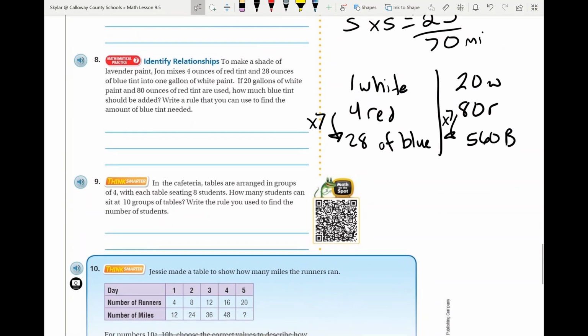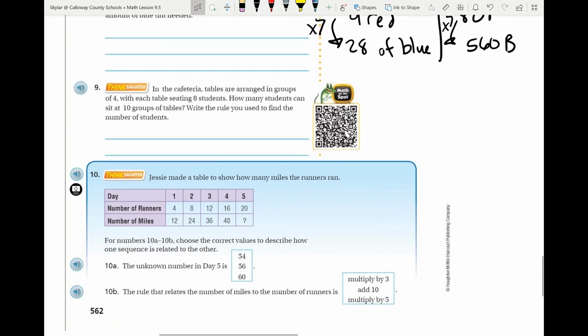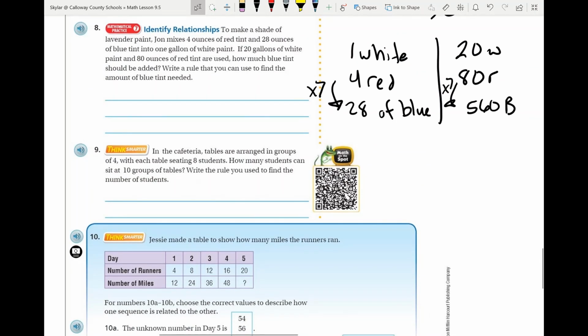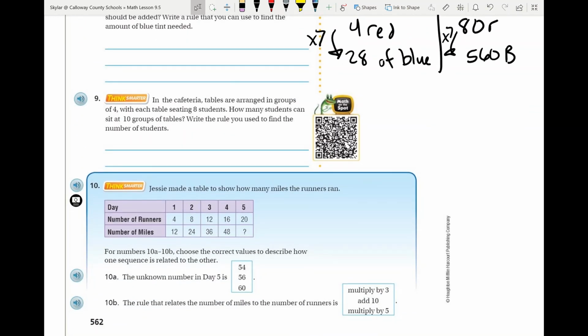Alright. So I'm going to set this next one up for you because it's worded a little bit trickily. And then I'm going to let you finish 9 and 10 by yourself. And of course, I will check it with you all. So number 9, in the cafeteria, tables are arranged into groups of 4, with each table seating 8 students. So how many students can sit at 10 groups of tables? So we really need to think about this.